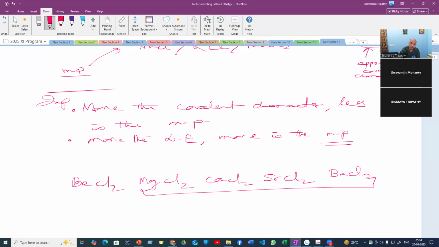You'll be surprised to find that, accepting beryllium chloride, whose position I'll tell you, among these, the melting point goes on increasing, not decreasing like sodium chloride, potassium chloride. No.